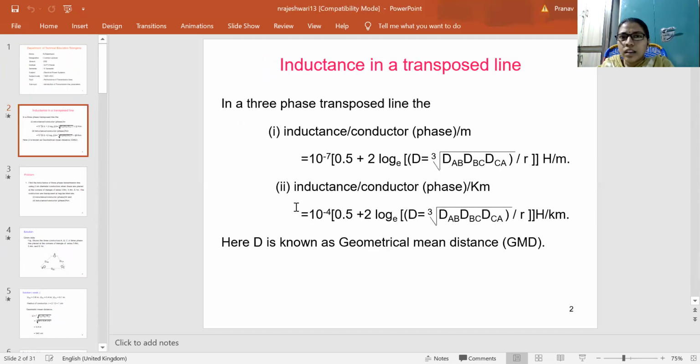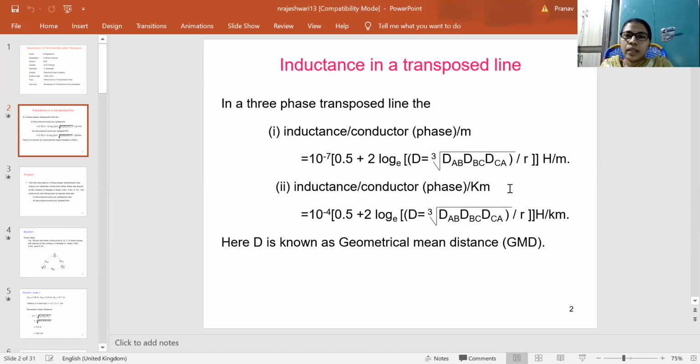So these are the three types of capacitances and transposition. For inductance in a transposed line, the formula is inductance per conductor per meter equal to 10 to the power of minus 7 into 0.5 plus 2 logarithm of D by r, where D is the cube root of DAB into DBC into DCA. This is similar to the inductance of three-phase unsymmetrical spacing of conductors, in Henry per meter.